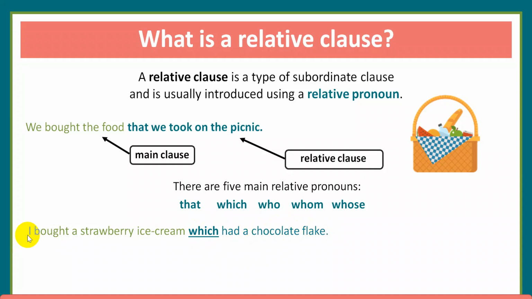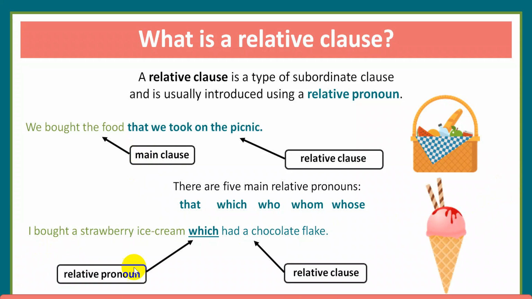What about the first sentence, "I bought a strawberry ice cream"? This is the main clause, as we agreed before. "Which" is the relative pronoun, and "had a chocolate flake" is the relative clause.